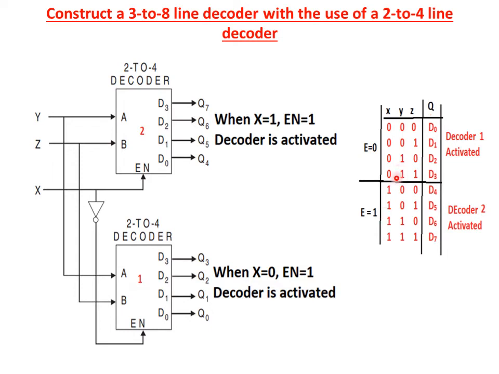Next, for the D4 to D7 combinations, X is equal to 1. In this condition, decoder 2 is activated and decoder 1 is deactivated. So when X is equal to 1, we will obtain 0 at the inverter output, so decoder 1 is deactivated and decoder 2 is activated. Based on these conditions, the decoder is working.